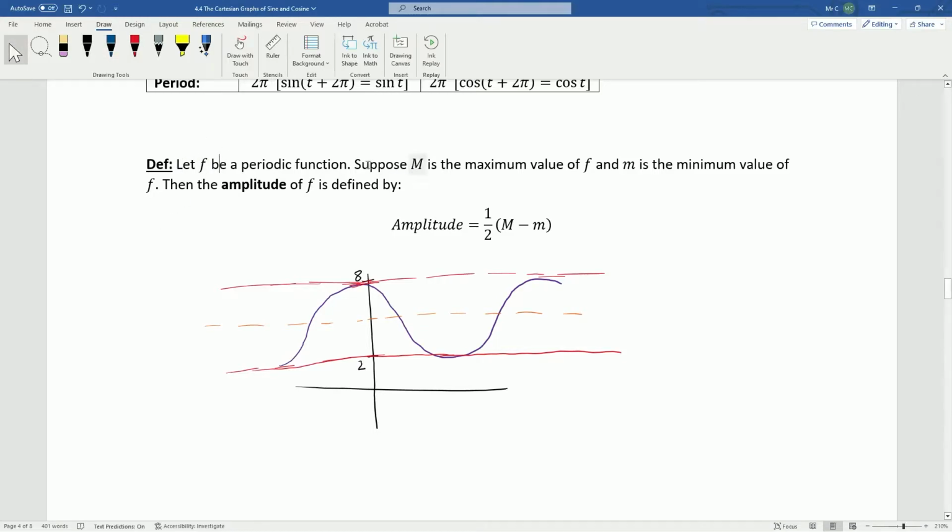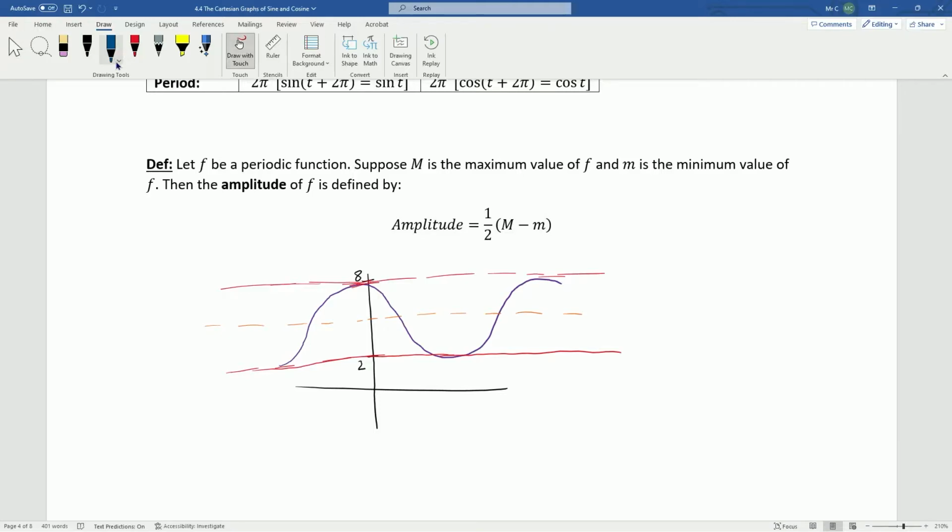Suppose that M is the maximum value of f and little m is the minimum value of f. Then the amplitude of f is defined by 1/2 of the difference between big M and little m.